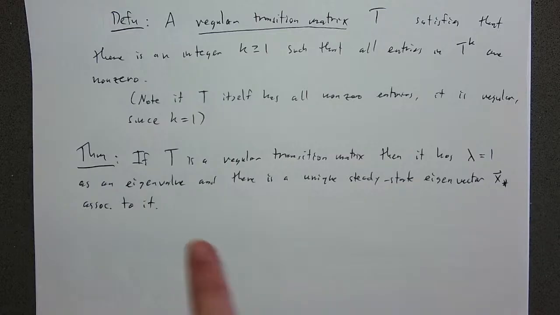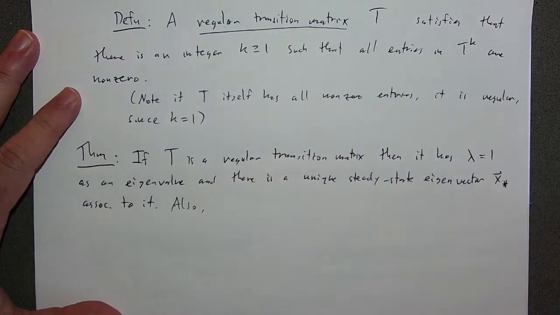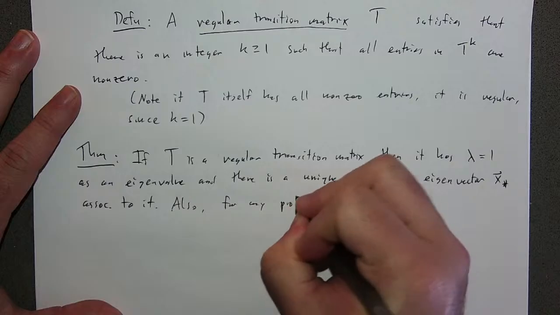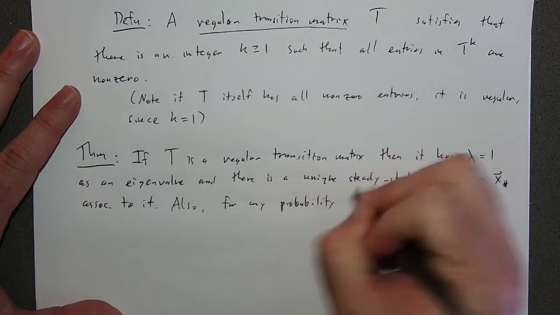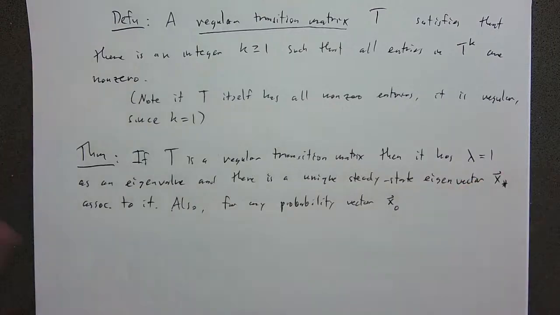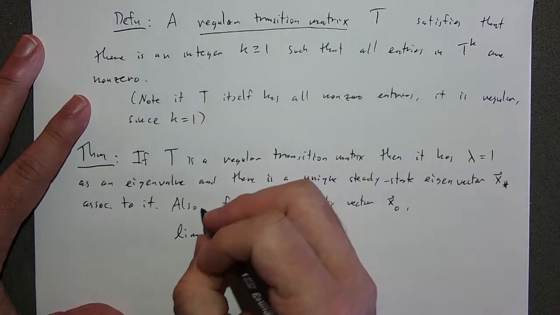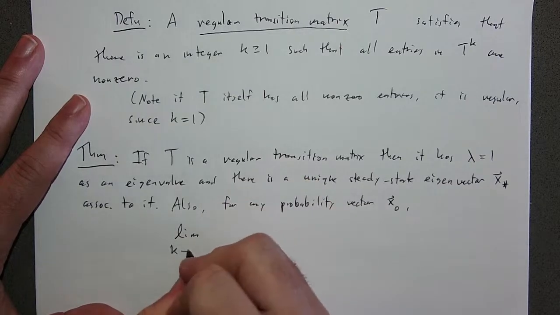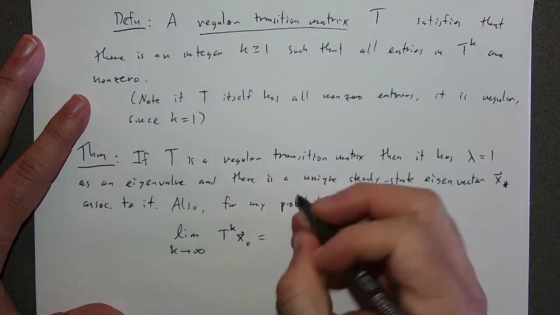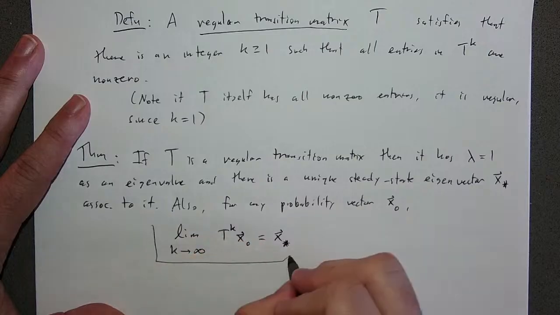Okay, now I'm not done here. Also, for any probability vector x naught that we choose, the limit as k goes to infinity of T to the k x naught is exactly this steady state eigenvector.